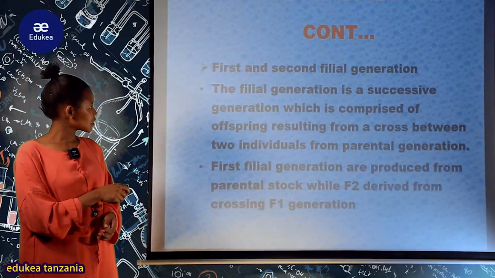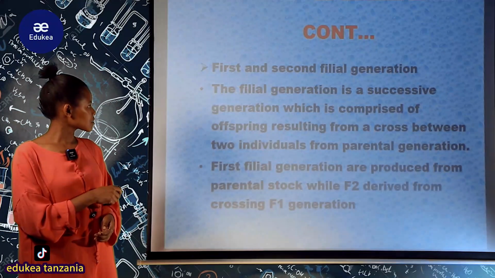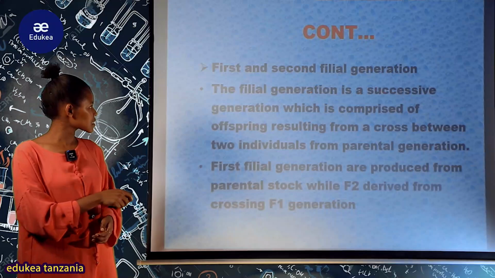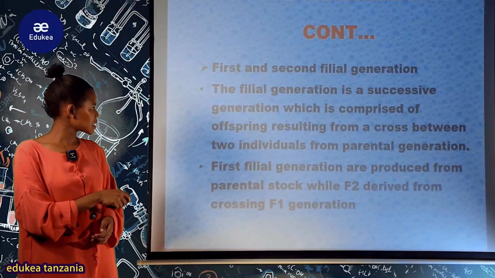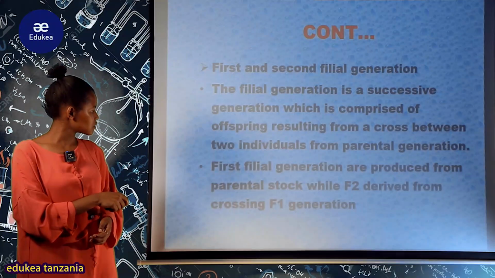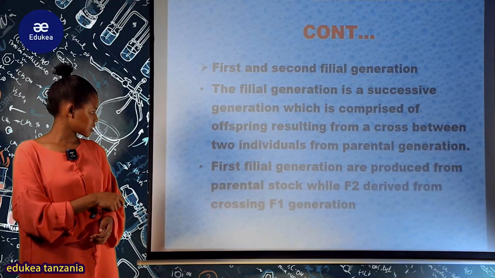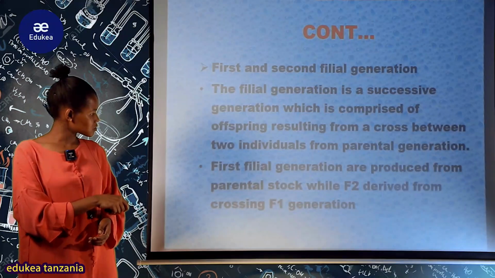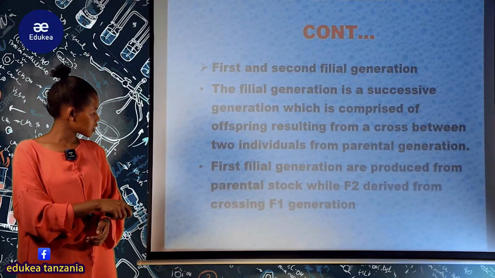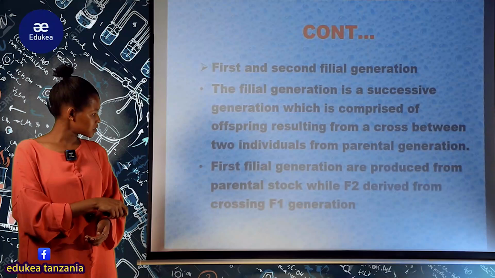Tukianza na first and second filial generation, you can see the first filial generation is a successive generation which is comprised of offsprings resulting from a crossing between two individuals from the parental generation. And first filial generation are produced from parental stock, while F2 is derived from crossing the F1 generation.